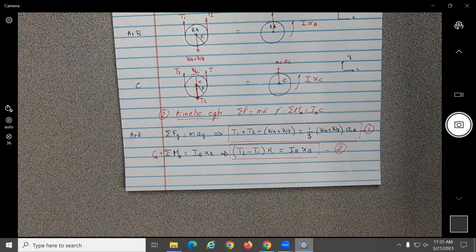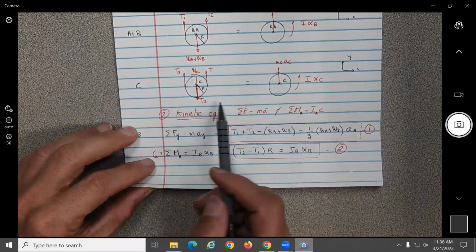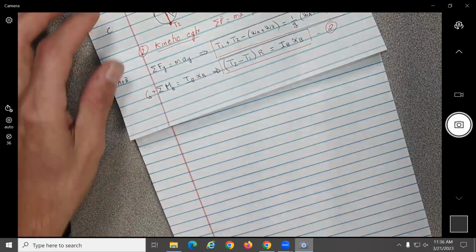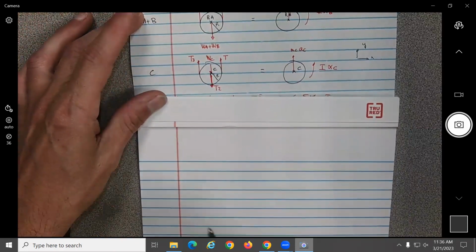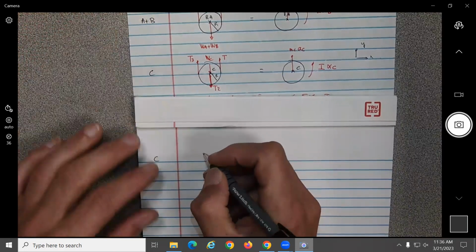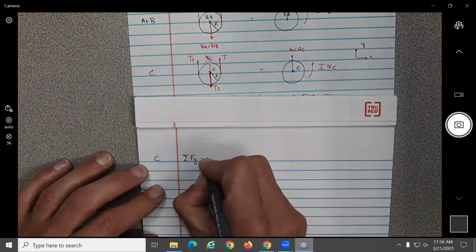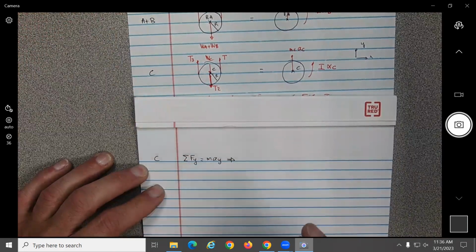Okay, remember that in class is the time to ask as many questions as you want. All right. Now we do the same thing for the C, okay? So again, I need the figure, no figure, no equations. So for C, I'm going to write down summation of forces on the Y, which this time is going to give us what?